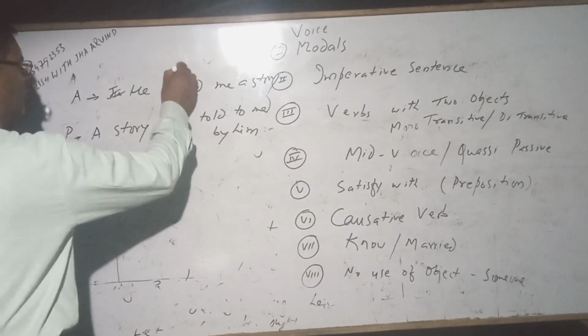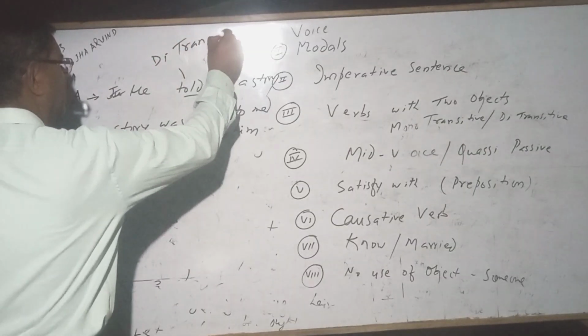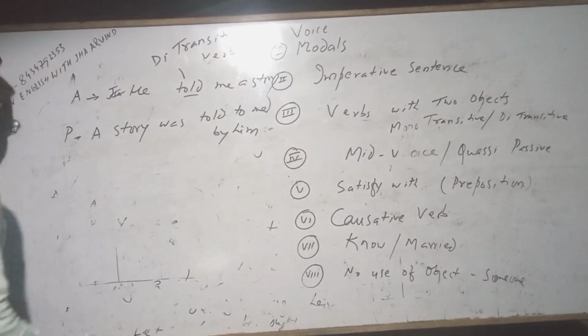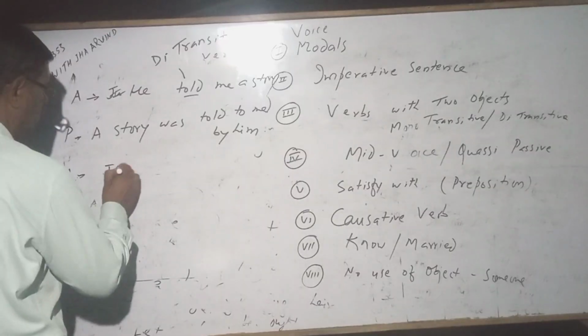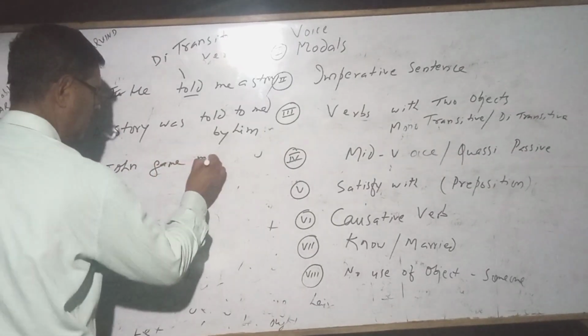This verb is called ditransitive verb. Okay. John gave me a pen.